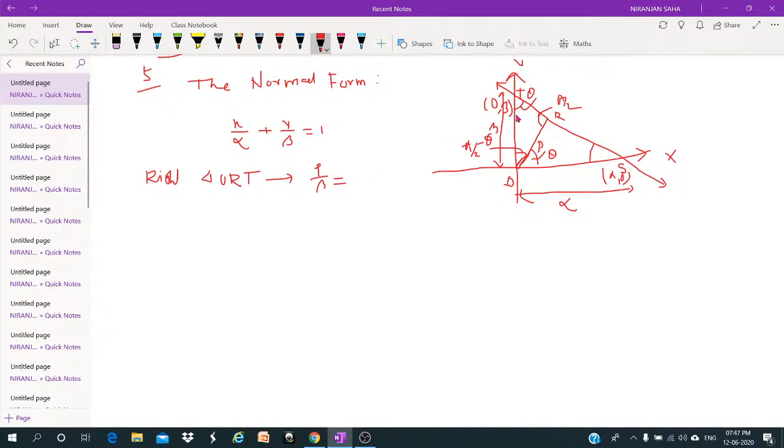This is the perpendicular and this is the hypotenuse. This is equal to sine theta. So you can find beta. Beta will be p by sine theta.